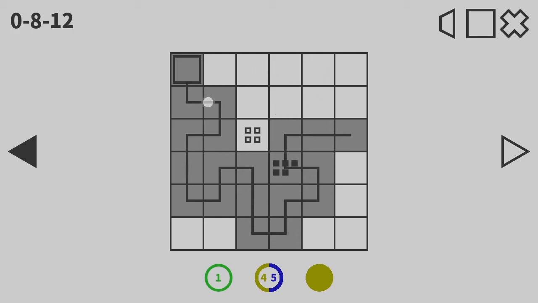Okay. I can see it's not going to work. What? I feel like I need to cut out shapes.